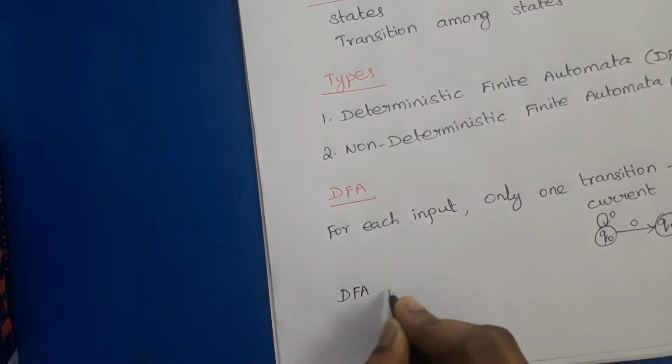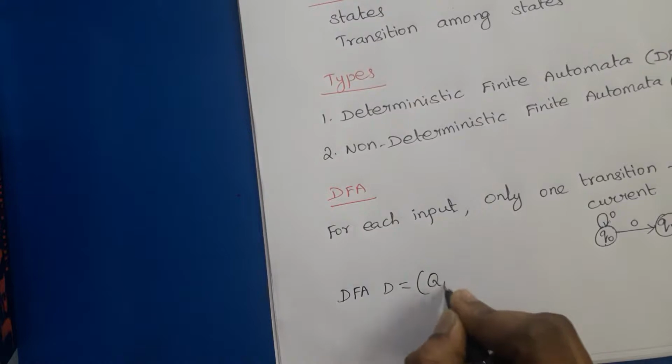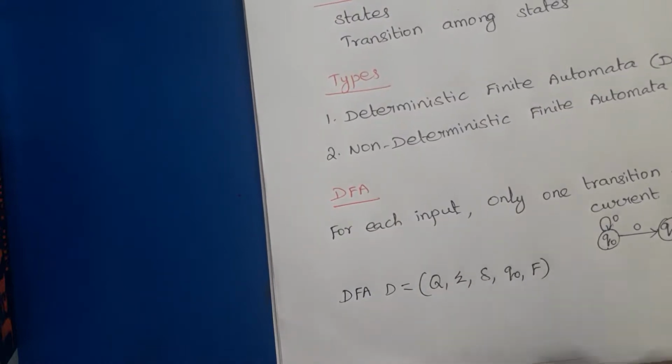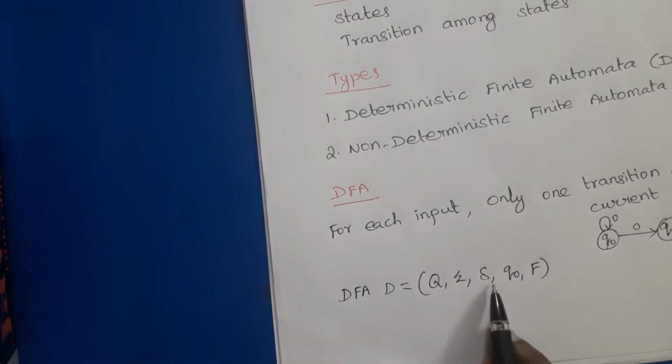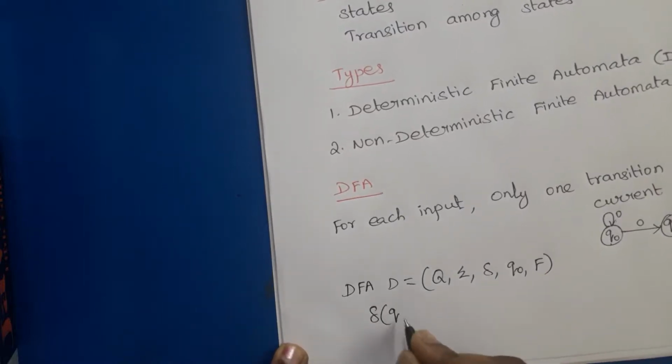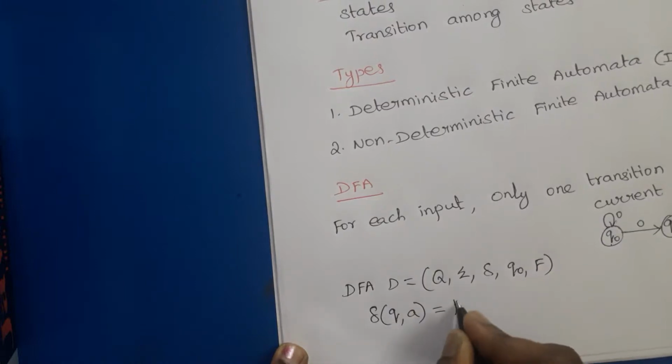by D equals (Q, sigma, delta, Q0, F), where D is the name of the DFA, Q is a set of states of the DFA, sigma means input alphabet, delta is a transition function. In a DFA, delta can be represented like this: delta of (Q, A) equals P, where Q represents the current state, A is an input symbol and P is the next state.